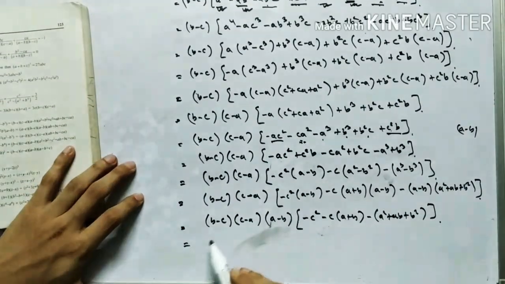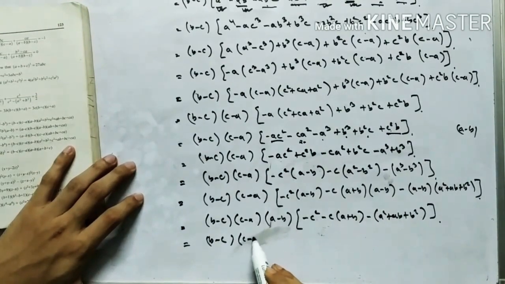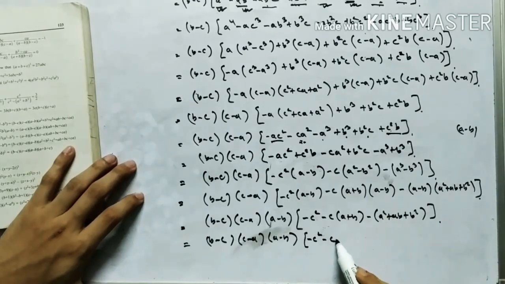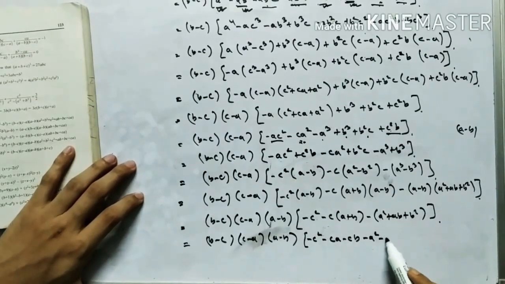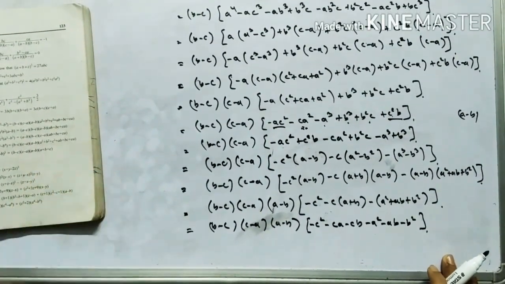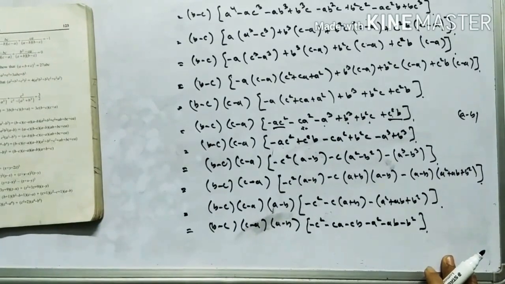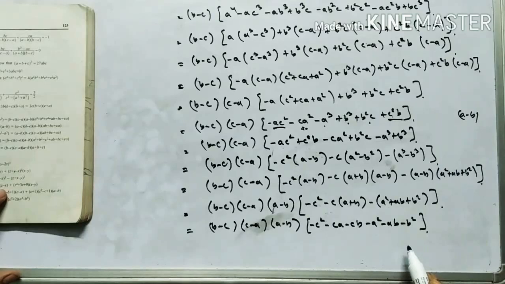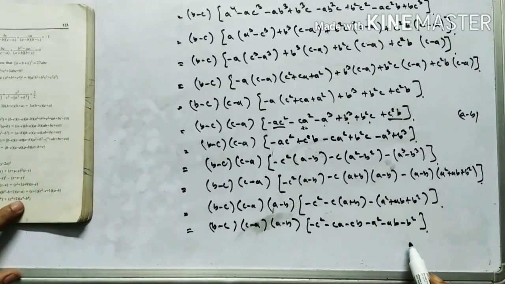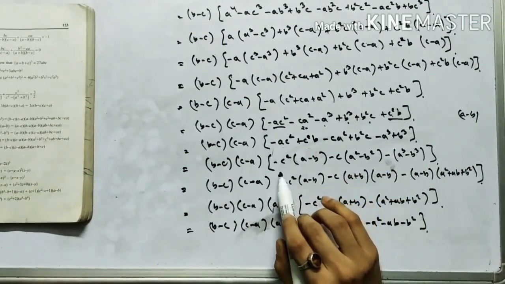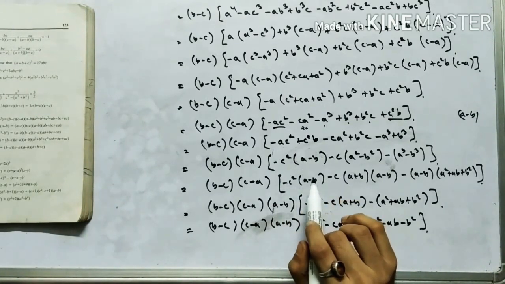So this is equal to (b minus c)(c minus a)(a minus b) and minus c square minus ca minus cb minus a square minus ab minus b square I will get. Okay, so now in here, (b minus c)(c minus a), and then (a minus b).